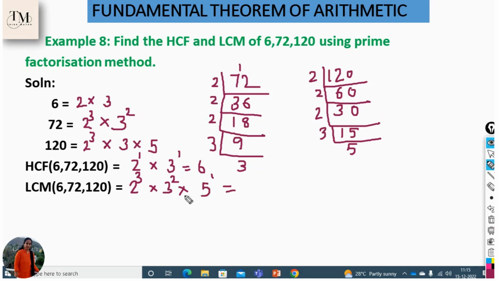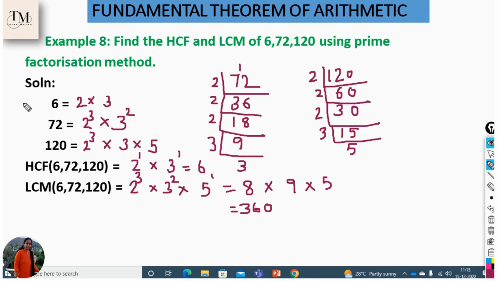So if we multiply, 2 to the power 3 is 8, 3 to the power 2 is 9, into 5. So 8 fives are 40. 40 into 9 is 360. So LCM is 360.